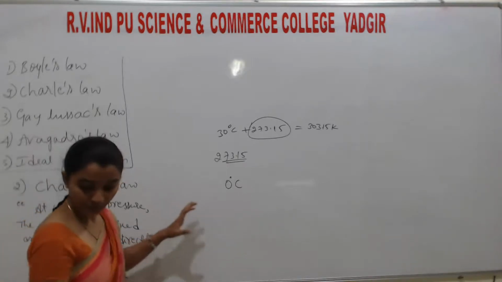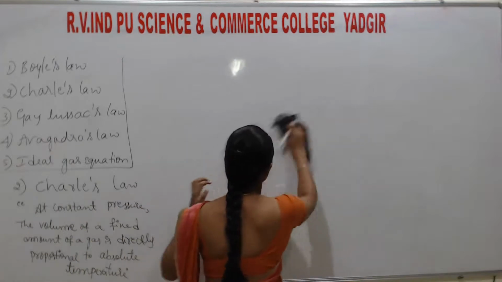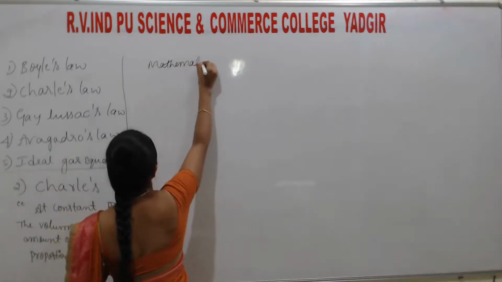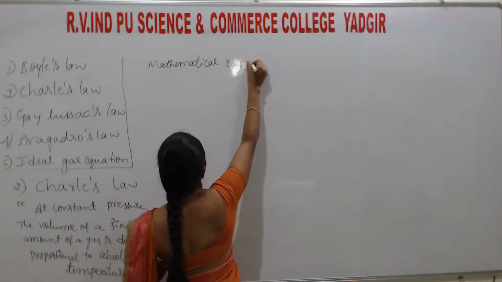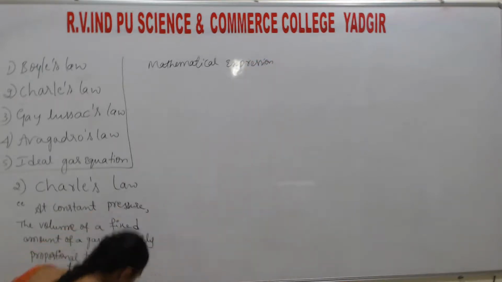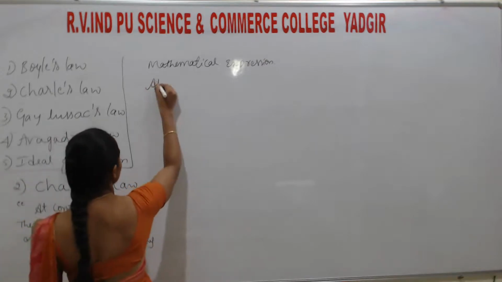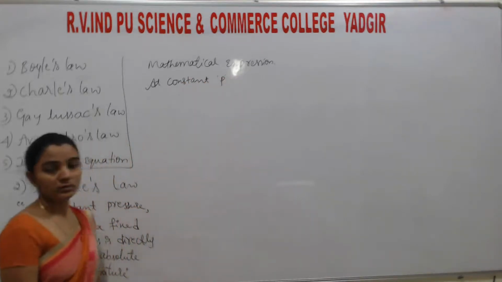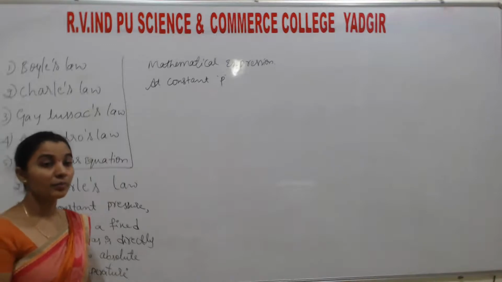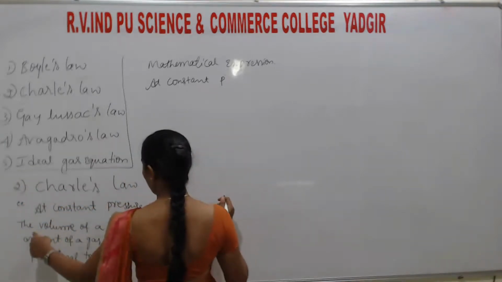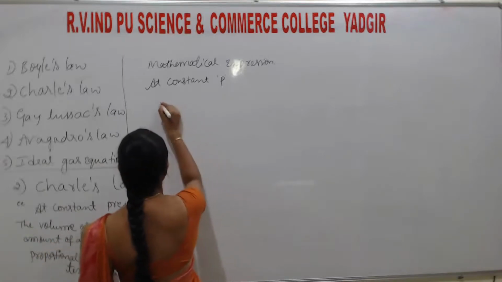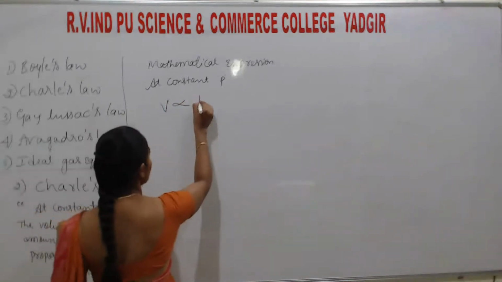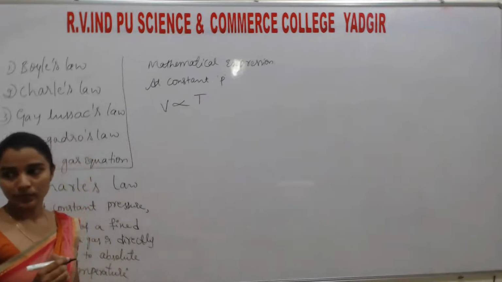Understand? So students, here is the mathematical expression. It tells about what? At constant pressure, the volume of a fixed amount of a gas, V, is directly proportional to the absolute temperature, T. Understand?